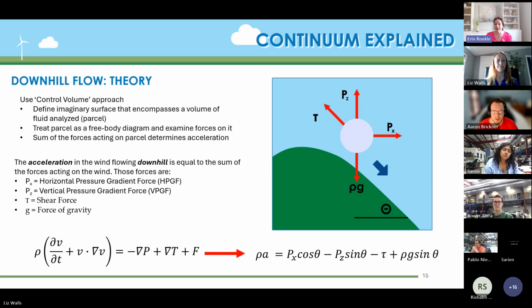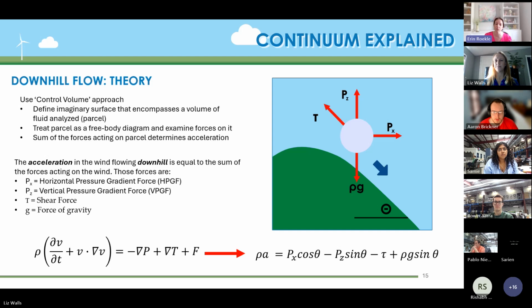I do want to point out real quick the signs of all of these. You can see the first term, the pressure gradient force in the horizontal, is positive. So this force is going to be trying to pull our blob of air down the hill. It's helping accelerate.